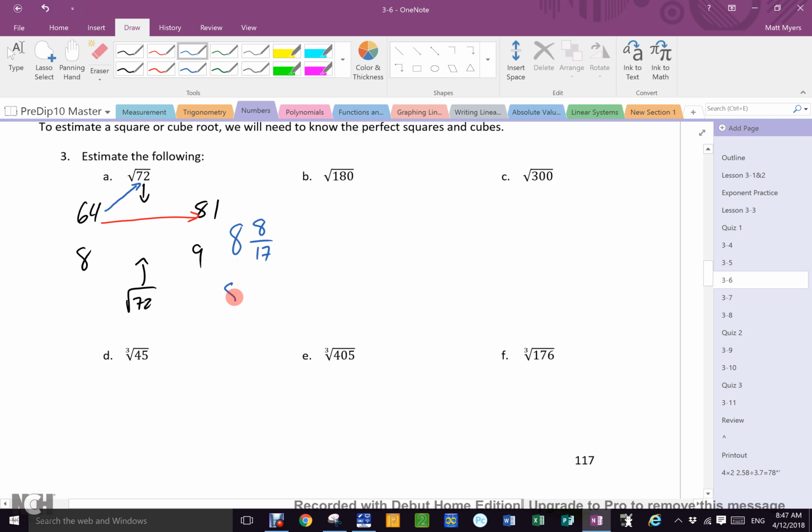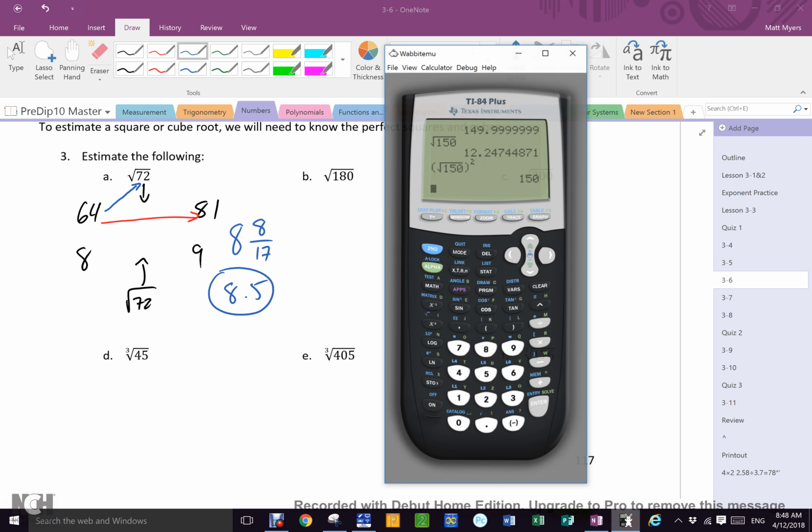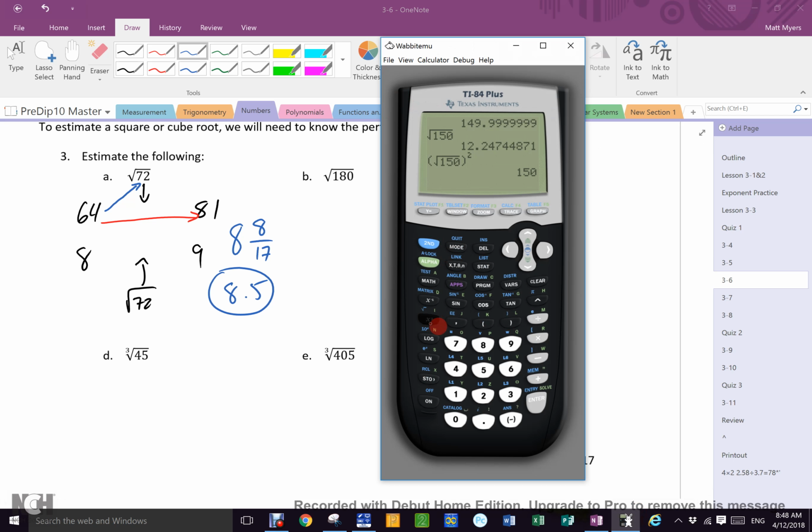So our guess here is 8.5. If you were to get out your calculator and do the square root of 72, you would find it was 8.48. What was our guess? 8.5. What would you round 8.48 off to? 8.5. Everybody picking up what I'm putting down? Sweet.